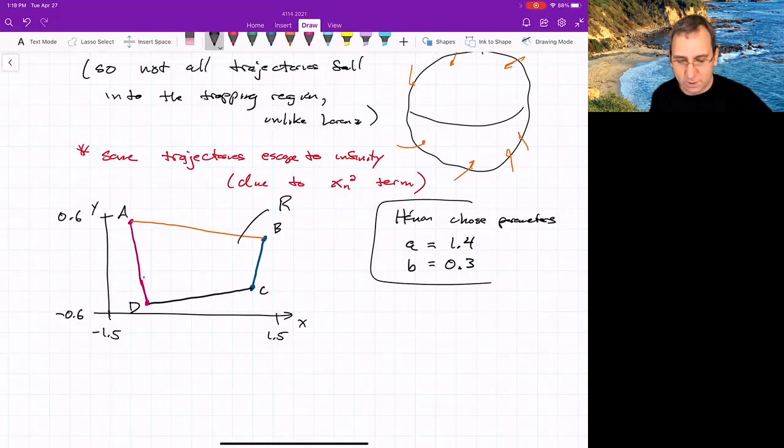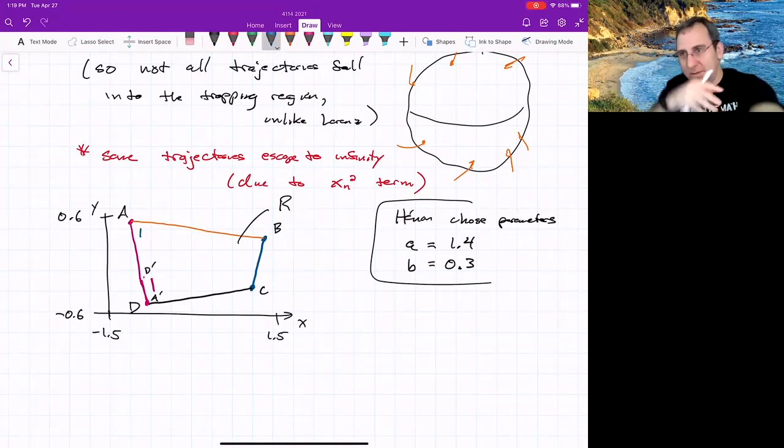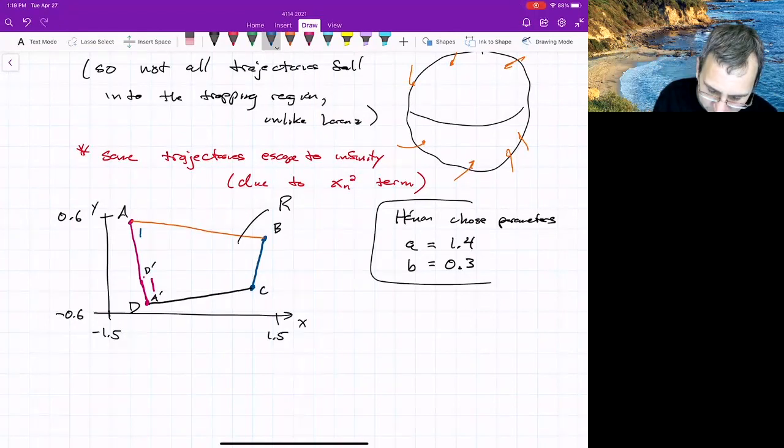And if you look at where these all map to, it is rough to try to get this, but we'll call this A prime, and this is D prime. The way this map was created was take a rectangle, fold, and all that stuff. So this is now C prime, and this is B prime up here.